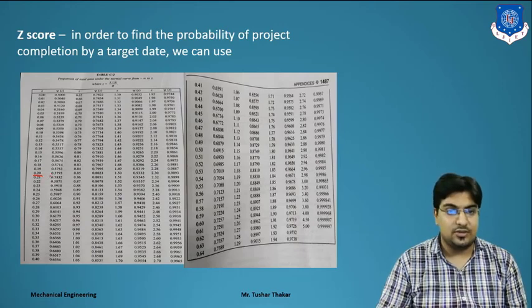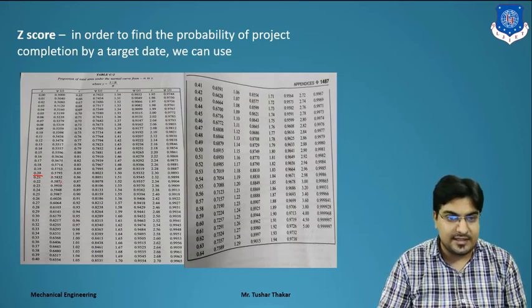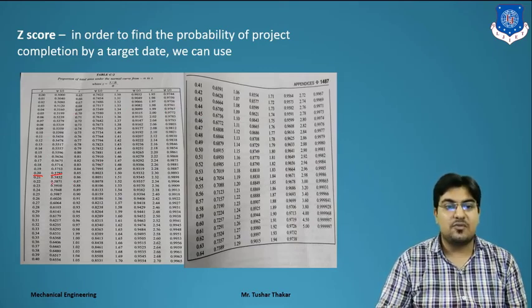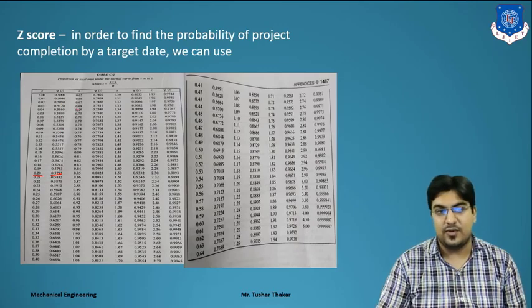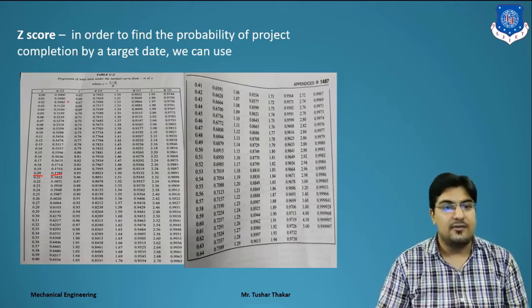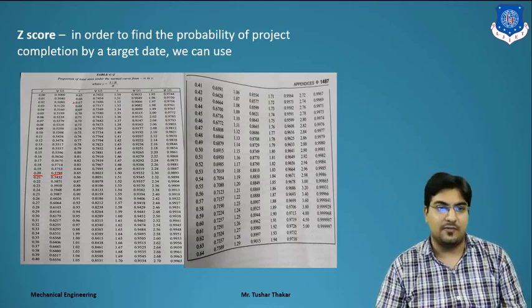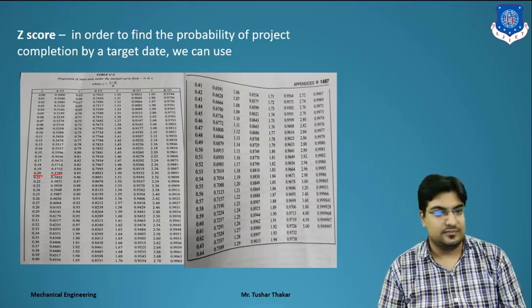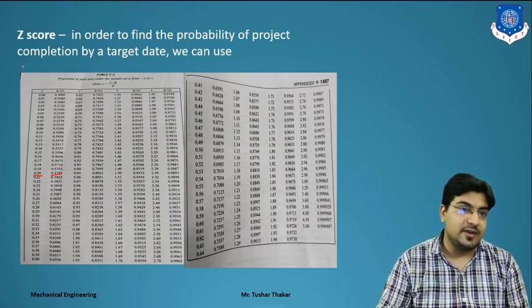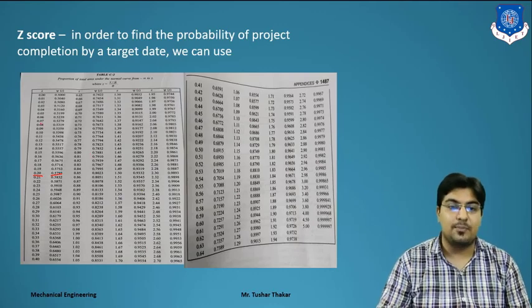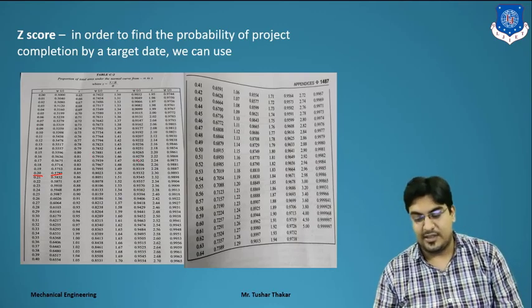We look in the table and see 0.5793; that is the value we consider. Then we subtract this 0.5793 from 1, and we can find the probability of the project. Clear? So this is the Z table, and from it we calculate the Z-score and the probability of our projects.